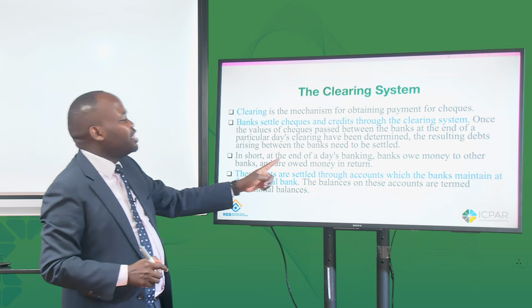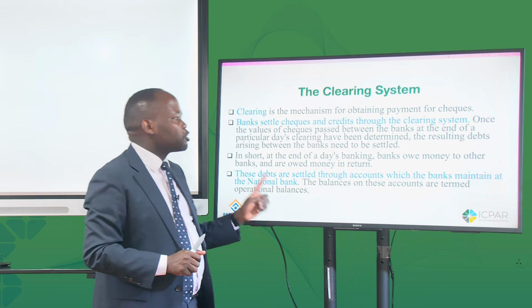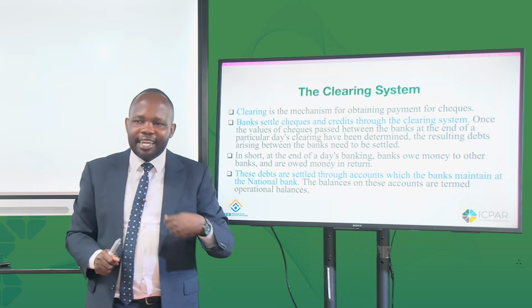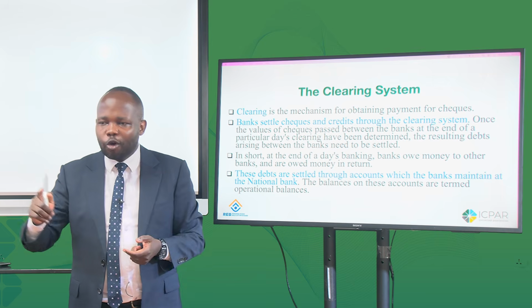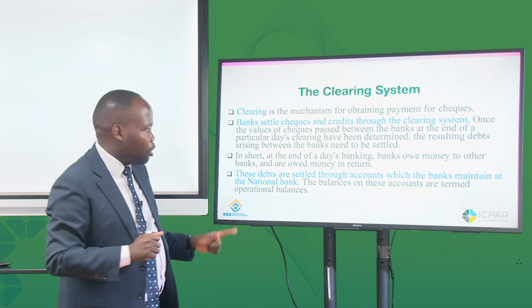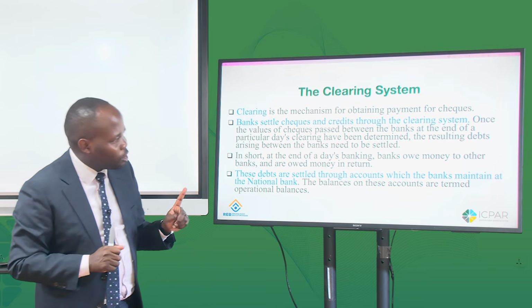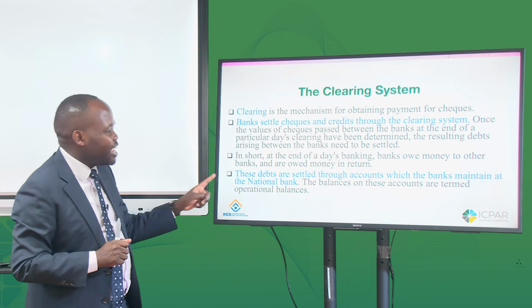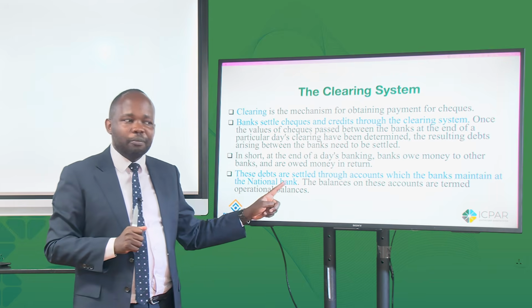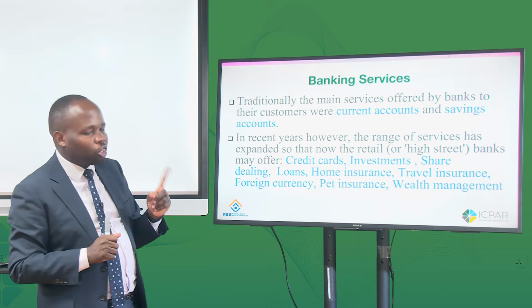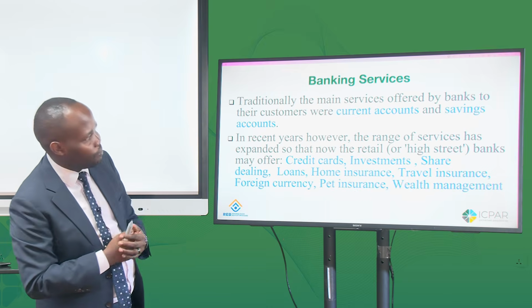In short, at the end of a day's banking, banks owe money to other banks and are owed money in return. So Becca may owe Equity and Equity may owe Becca. These debts are settled through accounts which the banks maintain at the national bank, at the BNR bank. So all these differences are reconciled through BNR.